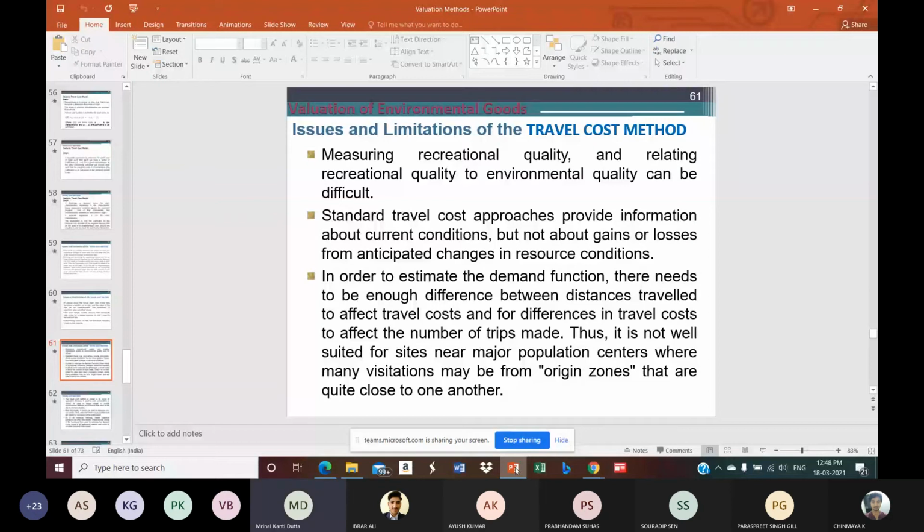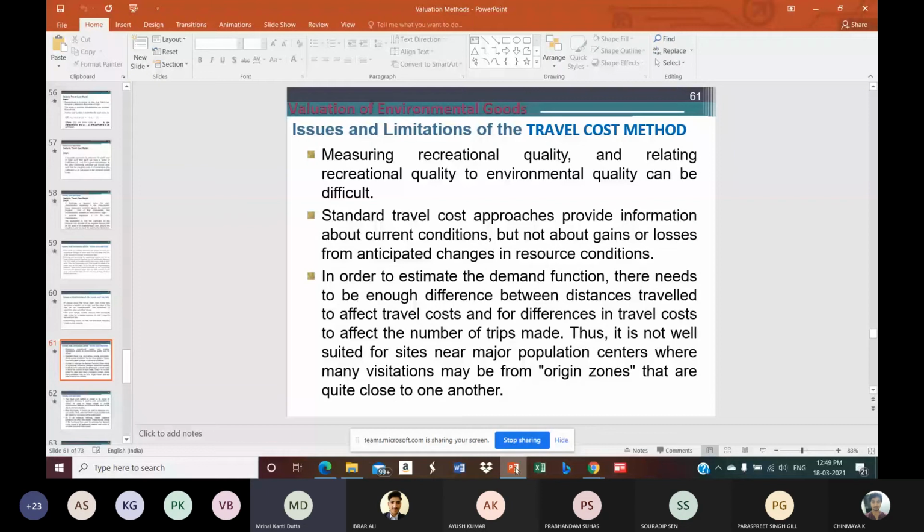Standard travel cost approaches provide information about current conditions, but not about the gains or losses from anticipated changes in resource conditions. Of course, that is a little bit difficult. It's not very easy to anticipate changes in the quality of the resources in future. You never know what will happen. Suppose it is a forest resource, there might be degradation in the future.